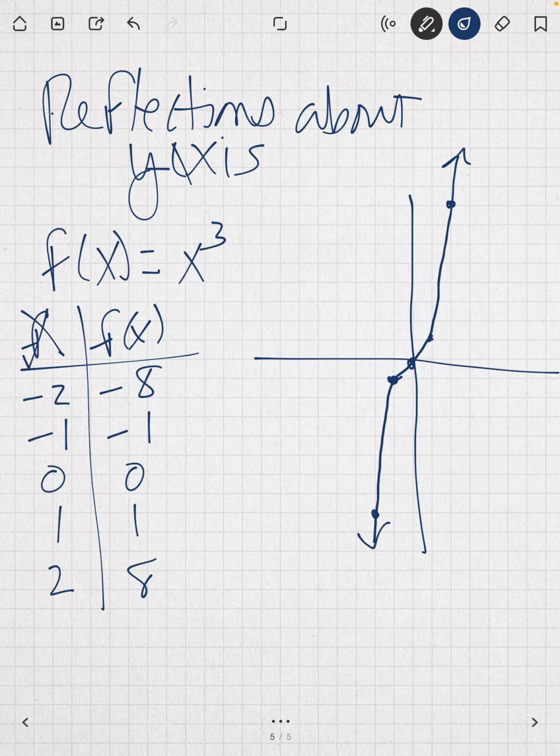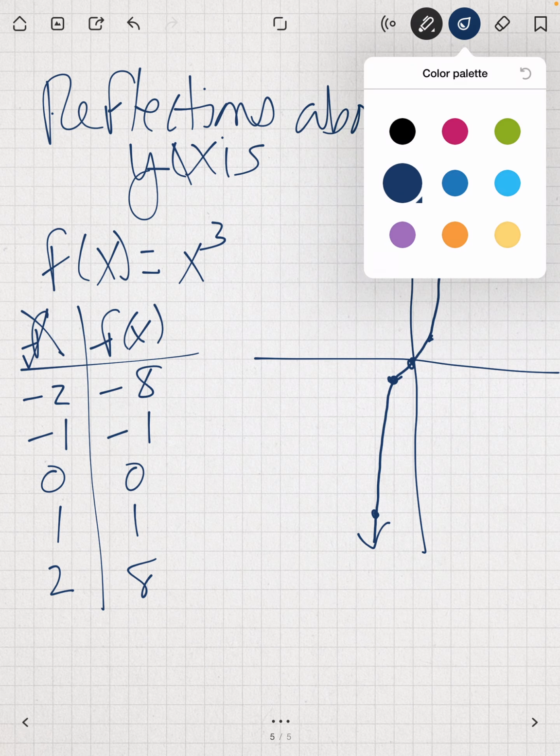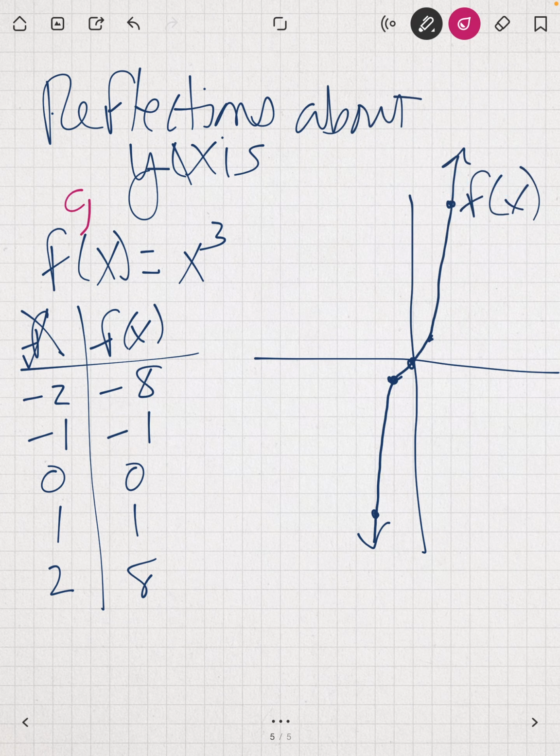And you'll see why I chose this one instead of continuing with x squared. F of x. And now let g of x, I'll pick a new color. G of x is f of negative x.